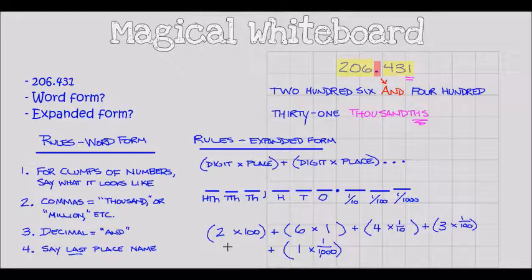So this is what the number 206 and 431 thousandths would look like in expanded form. 2 times 100 plus 6 times 1 plus 4 times 1/10 plus 3 times 100th plus 1 times 1,000th. That's not the only way to write expanded form, but it's probably the easiest way.